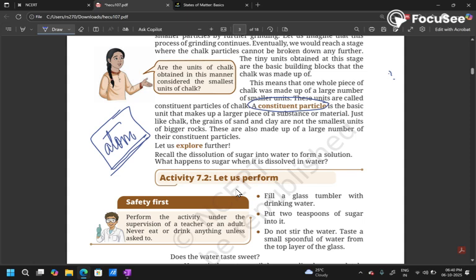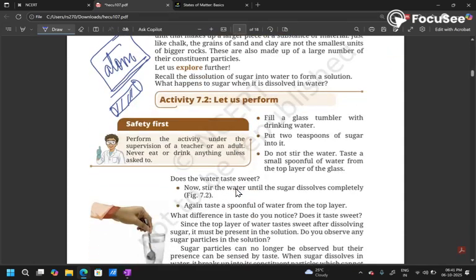So even if a small piece of chalk is lying in front of you, that piece of chalk consists and constitutes of millions and millions of these constituent particles. Now, let's perform another experiment to understand how small these constituent particles are and how many of these constituent particles would be present in a small sample of any state of matter.